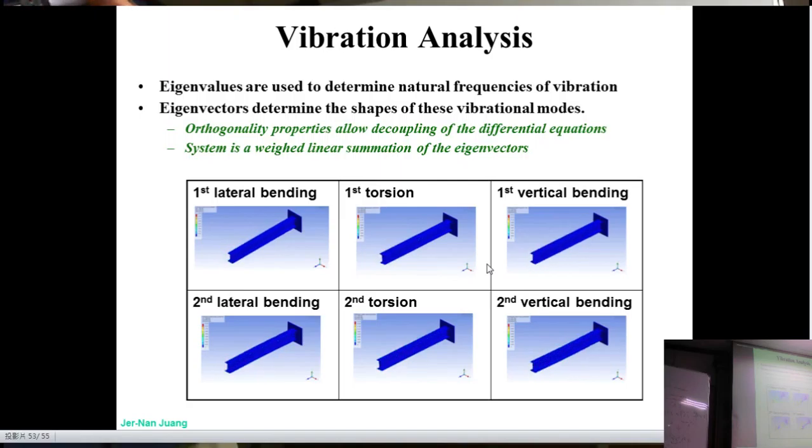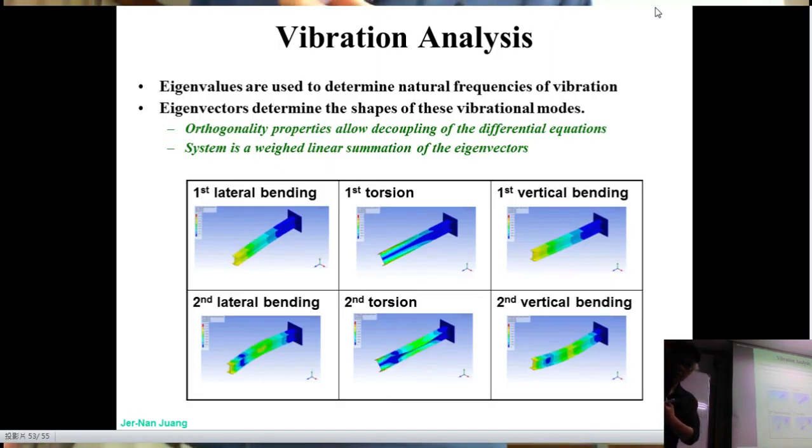And in real vibrations, they are a combination of all these kinds of motions. Of course, each motion will be weighted by some constant, so that becomes the real vibration.